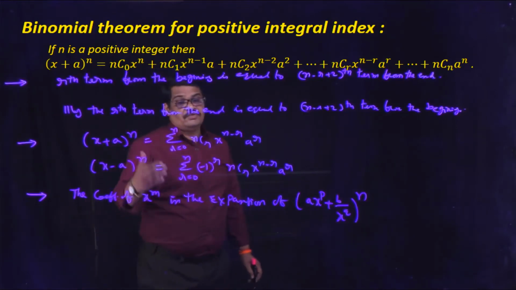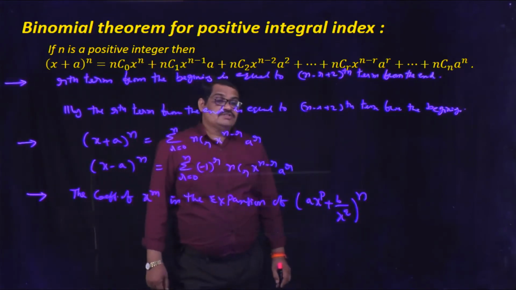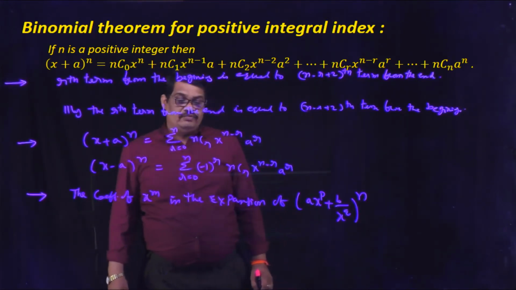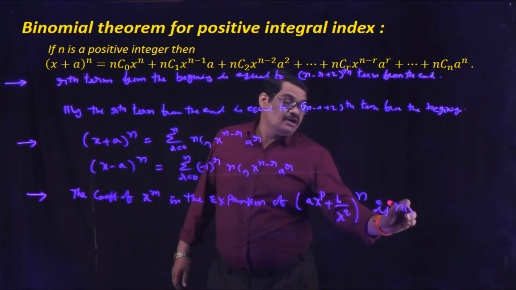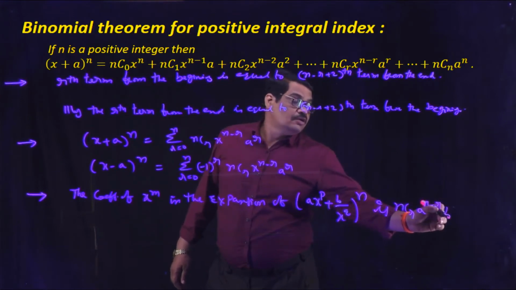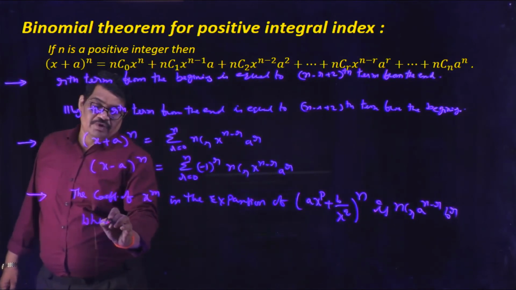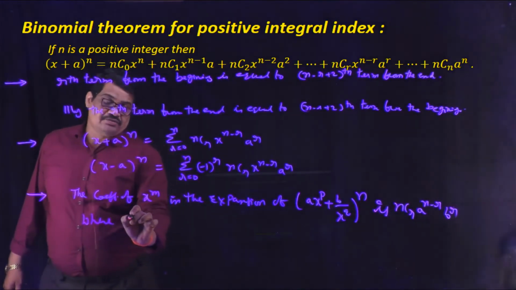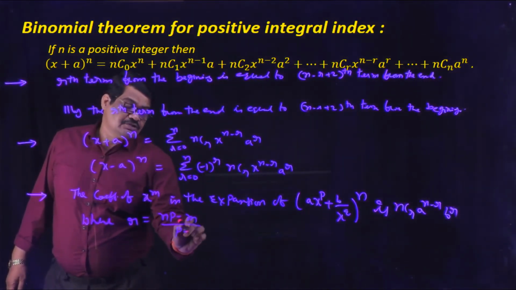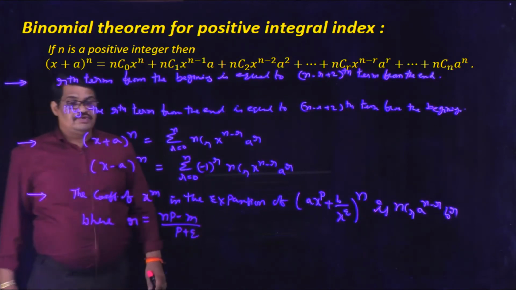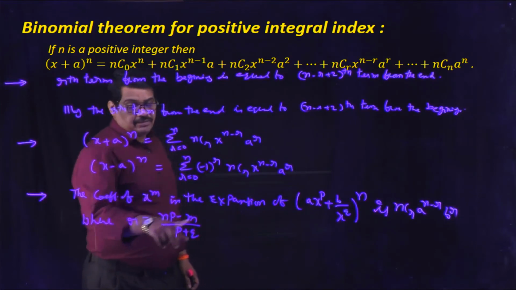The coefficient of x to the power of m in the expansion of a x power p plus b by x power q whole to the power of n is nCr a power n minus r b to the power of r, where we first find r. How to find r? r is equal to np minus m by p plus q.